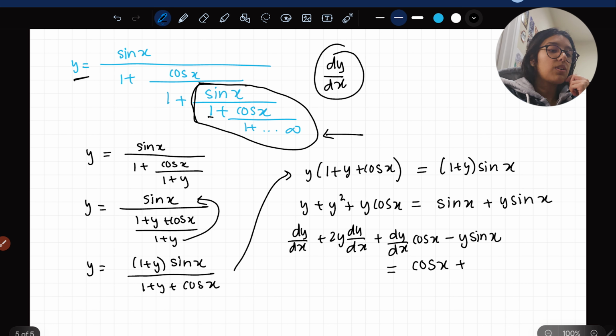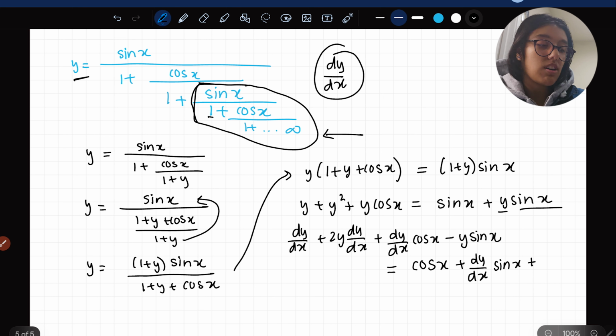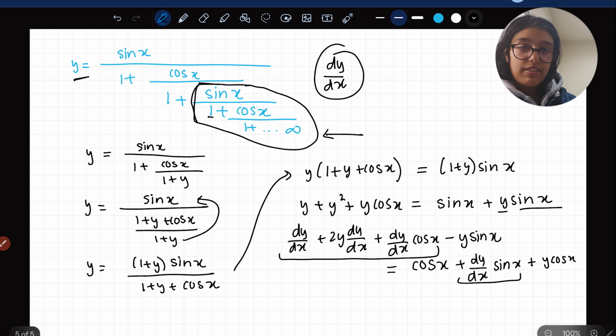Once again, we apply product rule again for this term right over here. Derivative of y is dy over dx times sine x plus derivative of sine x is cos x, y times cos x. All right, now it seems that we have everything. We need to take the dy over dx to one side. So all these terms have a dy over dx, and this term has a dy over dx.